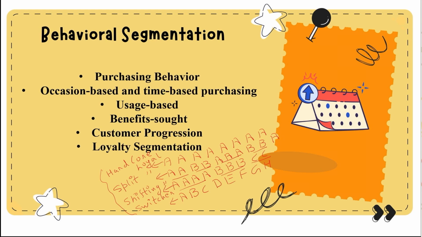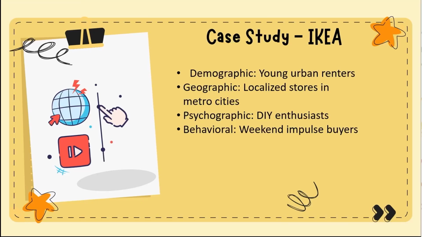So these behavioral segmentation bases are quite possible, and accordingly the companies are enjoying different possibilities related to different segment bases. Let's take one case study to further understand this phenomenon.